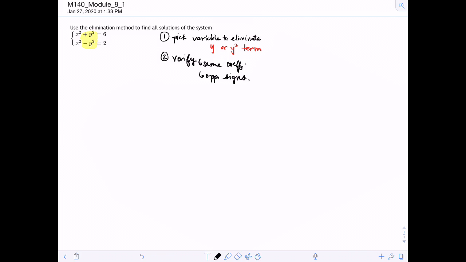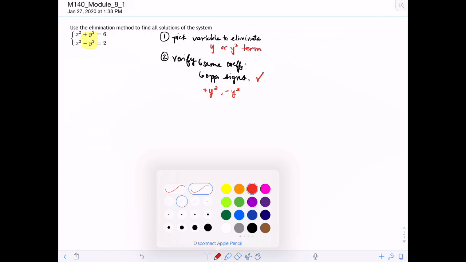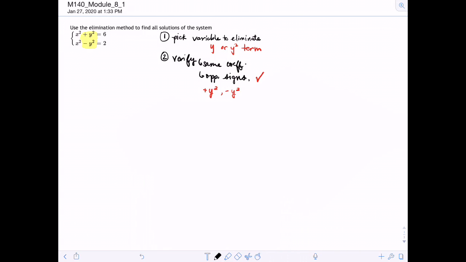Okay, and we can see that that is actually done, right? They are positive y squared and negative y squared. So when you realize that you already have that, you just go straight to elimination. So next I would go ahead and take the system and just start solving.